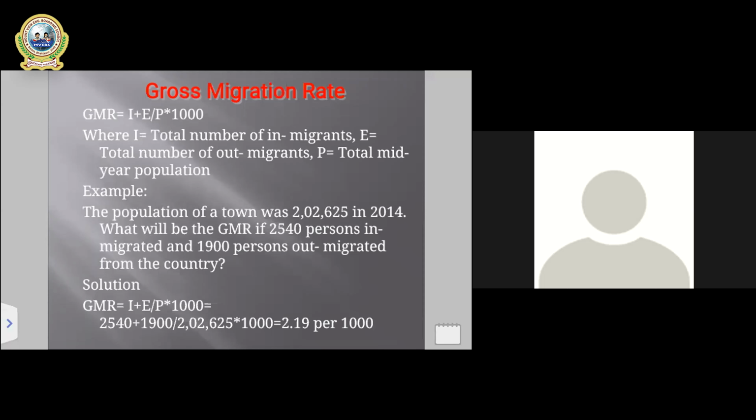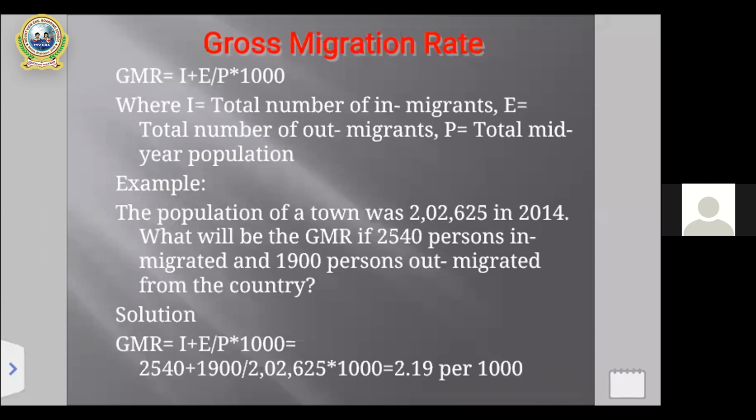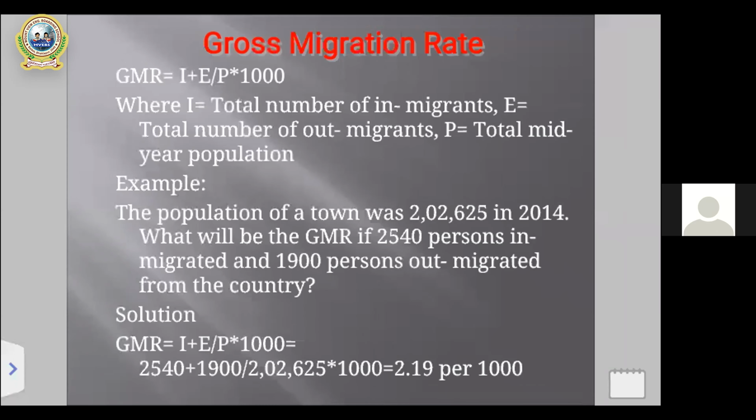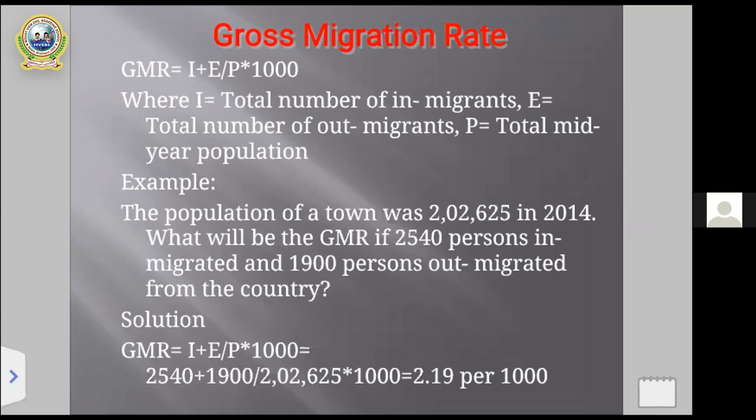In the example, the total out migrants are 1,900, right? So divided by the population. What's the total population? You can see in the question paper the total population was 2,02,625, multiplied by 1,000. Now we have to do the cross multiplication. While we do the cross multiplication, we get 2.19 per 1,000 as the answer of GMR.